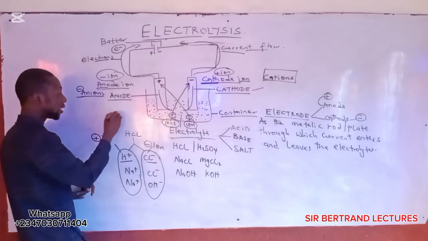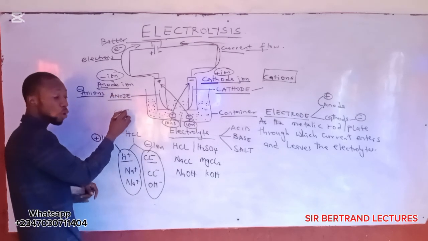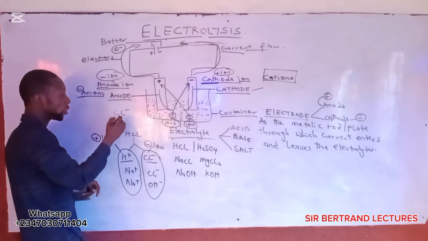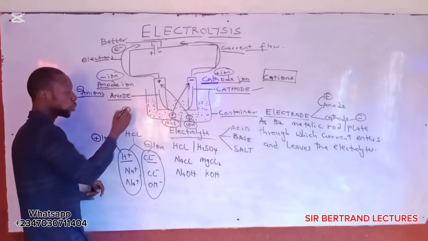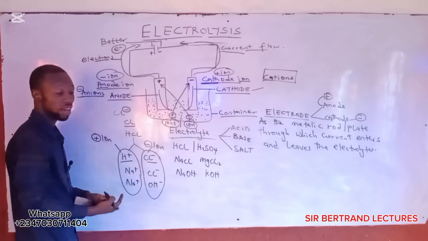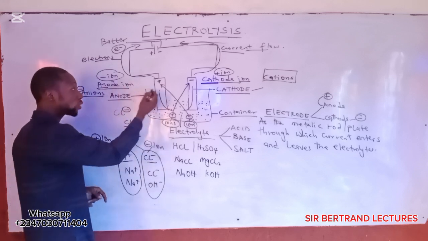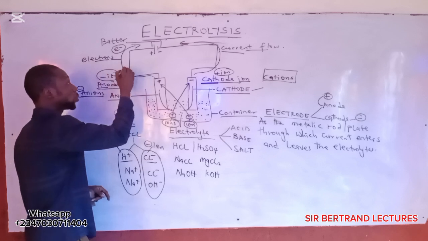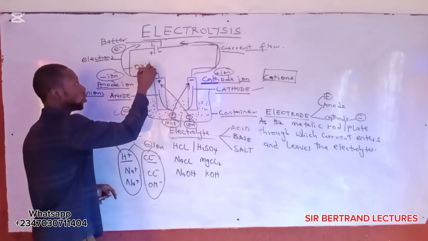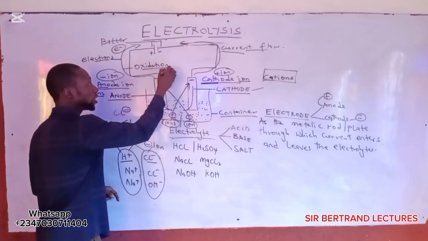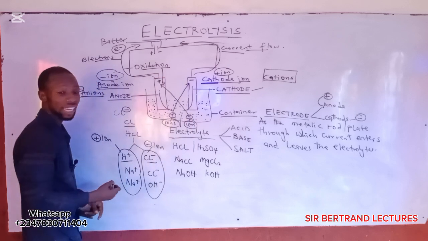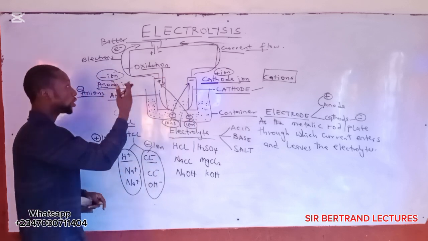For instance, they have more electrons than protons, so they lose these electrons to become neutral. And the process of electron loss is known as oxidation.